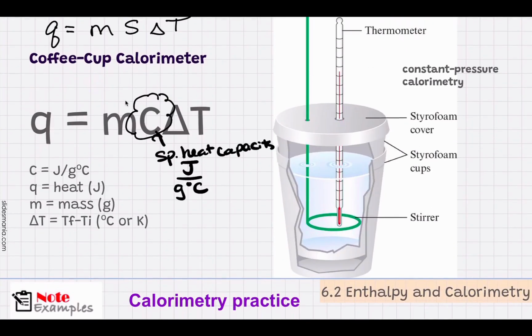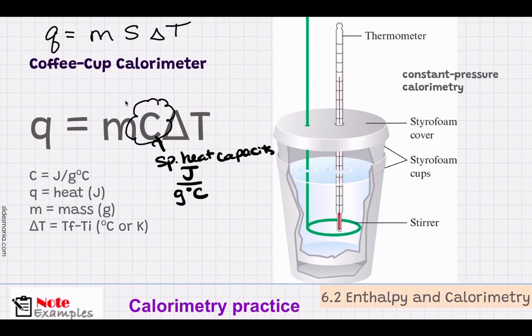So, and then when we use this equation, Q is going to be the heat absorbed or released. It's in joules. M is mass. It has to be in gram. Delta T is the change in temperature, which would be the final minus the initial.